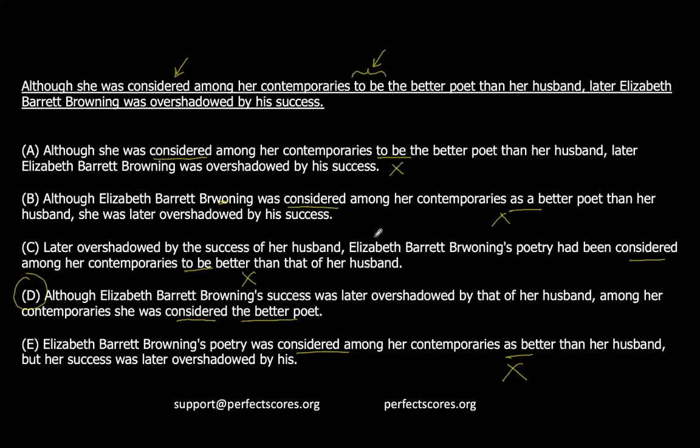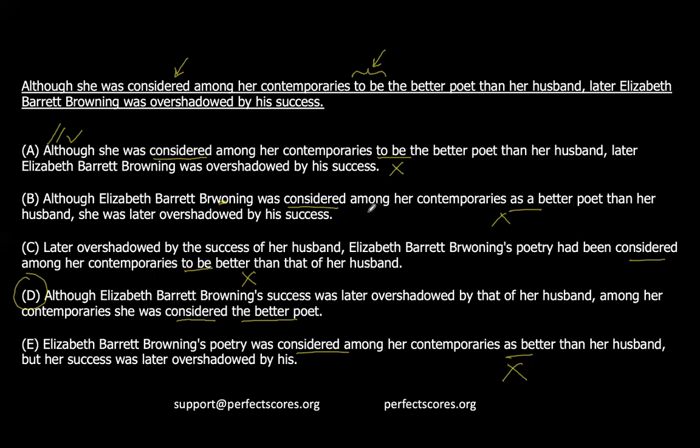Let's look at the parallelism now. "Although she was considered among her contemporaries to be the better poet, later she was overshadowed by success." So in A, the parallelism seems fine. In B, "although she was considered as a better poet than her husband, she was later overshadowed by his success."